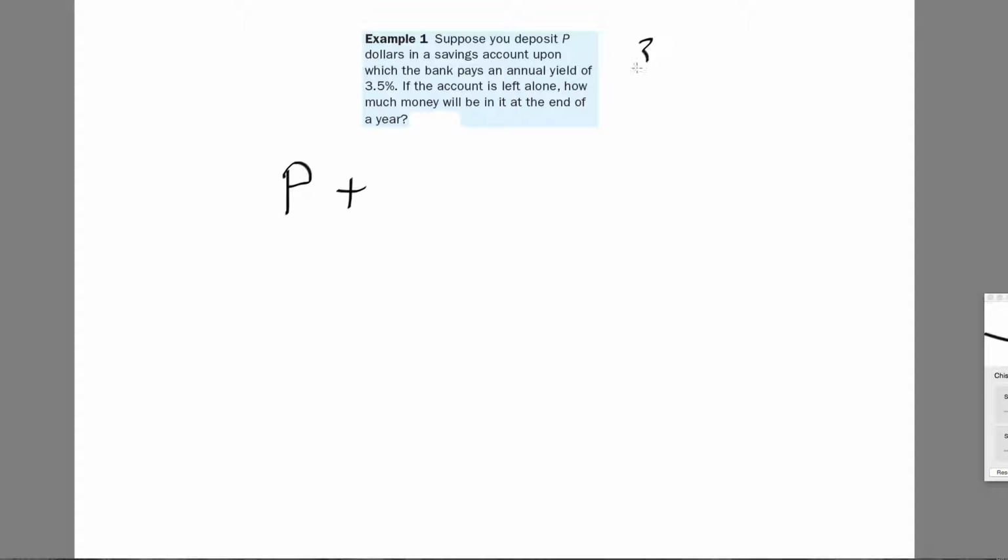We have to convert that to decimal form, 3.5 per 100, so that would be 0.035. That's 3.5 hundredths, or 35 thousandths, if we want to go that far. So it's 0.035, and that percentage is being applied to the principal.